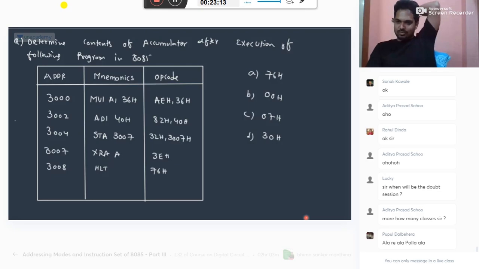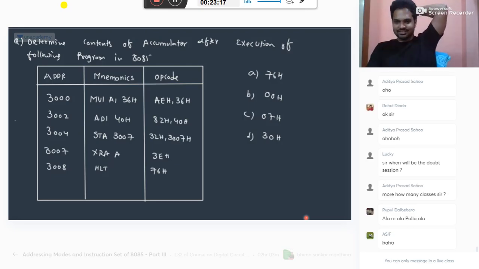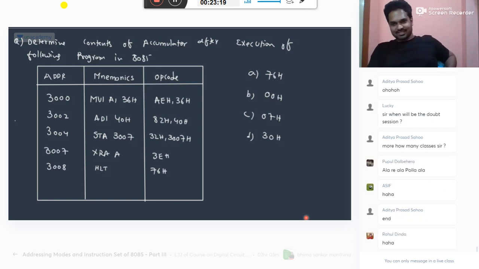In this case, I forgot to tell you one thing. Please listen. If you XOR A with A, this is one of the important instructions. A will be copied with A XOR A. What is A XOR A?